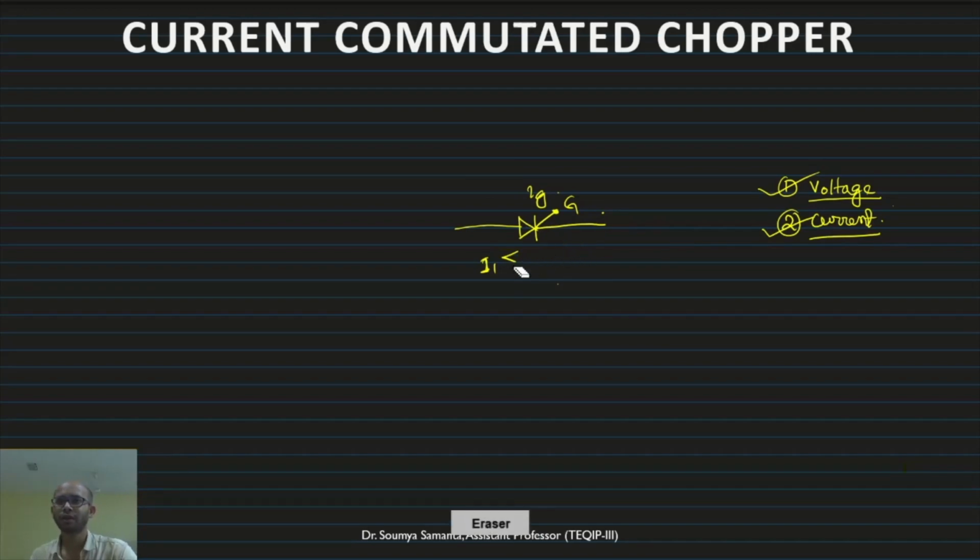Now, in the case of chopper application, what is the commutation circuit for current commutation? We will discuss its analysis and the design part. First, let us recap very slightly the circuit of the voltage commutated chopper that I discussed earlier.